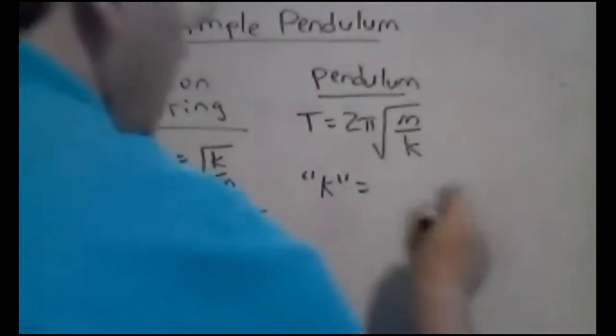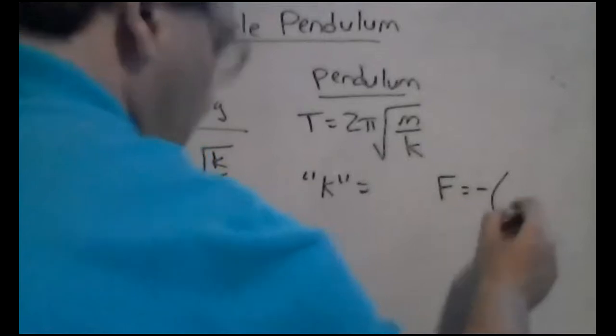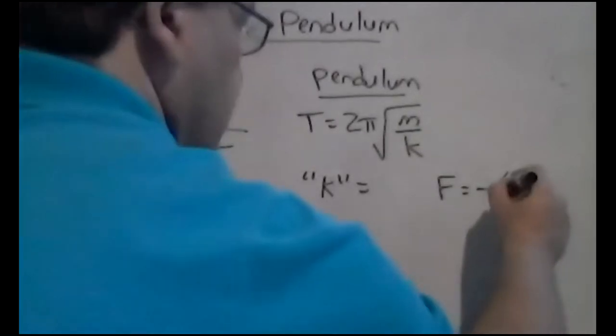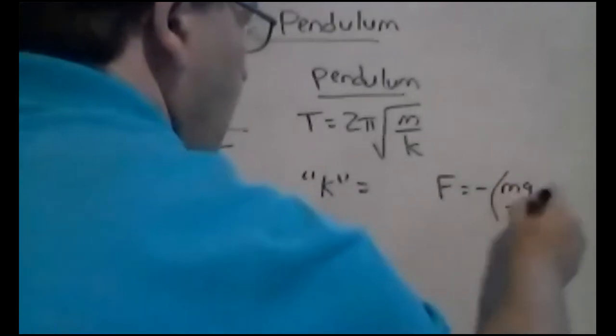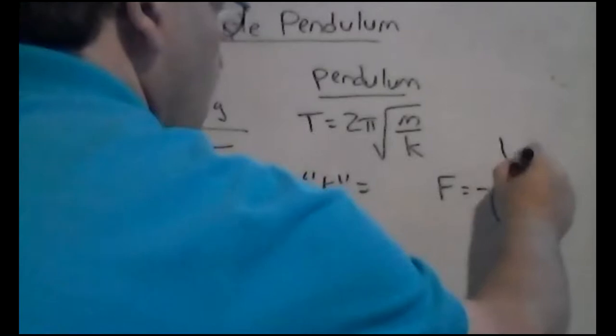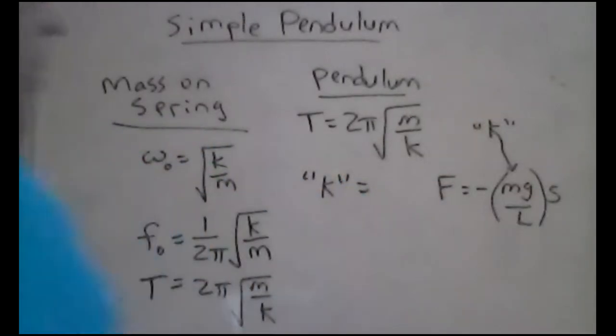I said that we had that the force was negative mg over L times S. This is my k in this problem, mg over L. Again, remember, this is a mathematical isomorphism.